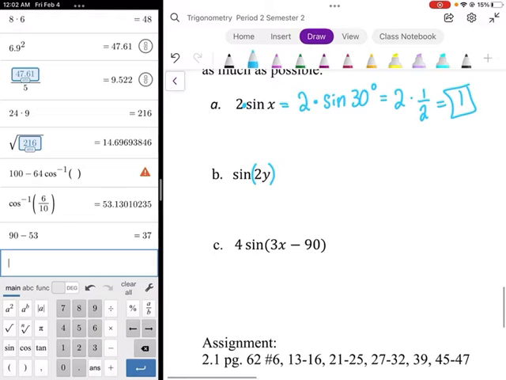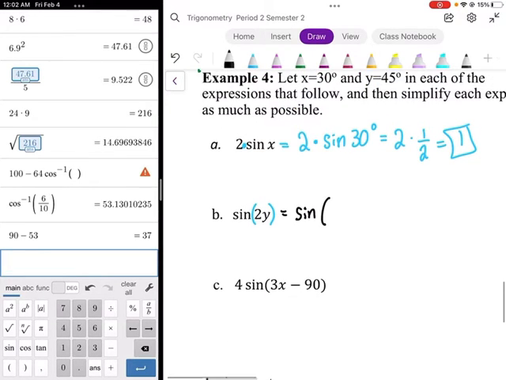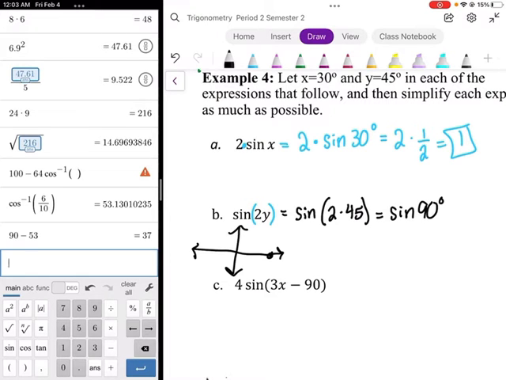Now, if the number is inside where you are multiplying it, you are going to first multiply those two numbers together and then take the sine. So this one, y is equal to 45, so we're going to have 2 times 45. And this will equal the sine of 90 degrees. Because that one is on the axis, we're going to use one of these 4 points again.